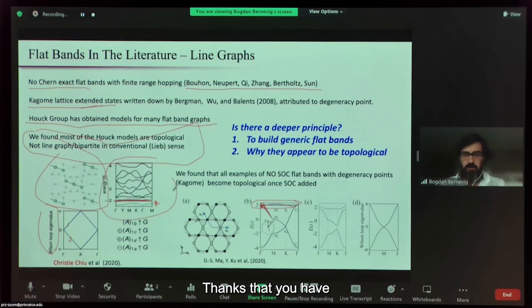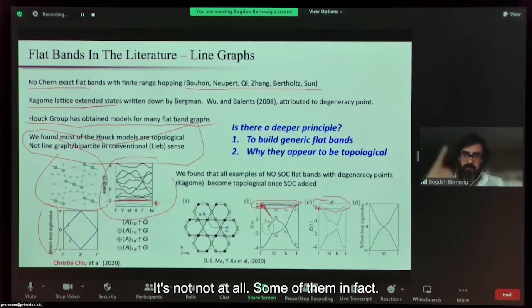These bands turn out to be topological. In fact, moreover, we can show something else. If you take the line graph of the hexagonal lattice, which is the Kagome lattice, and then split this degeneracy point by small spin-orbit coupling, keeping inversion symmetry, then what you find is, number one, the flat band doesn't stay quite flat, it has a little bandwidth.